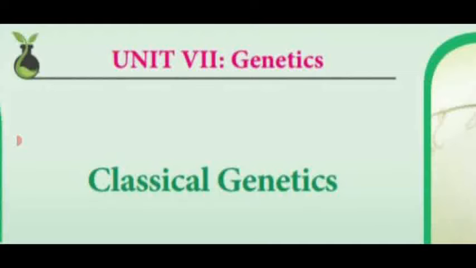For that we have seen the example of summer squash, which contains dominant allele W for white color, and recessive allele w for colored fruit.